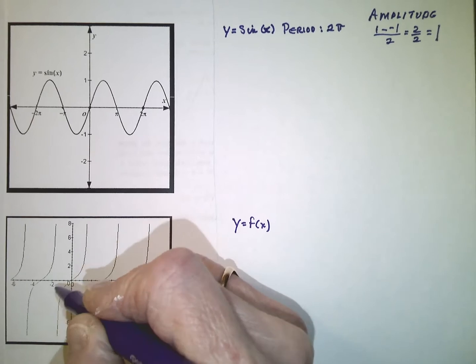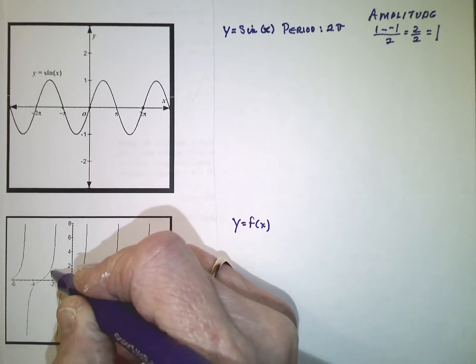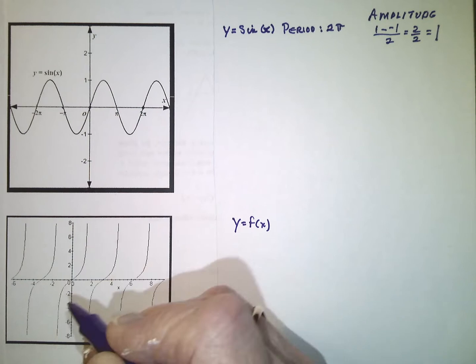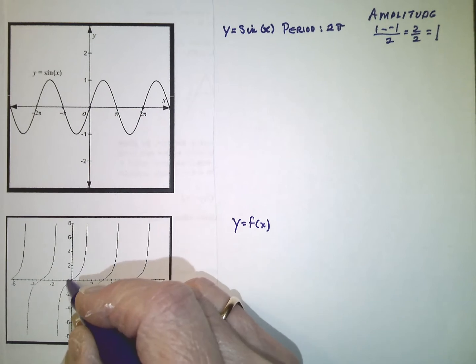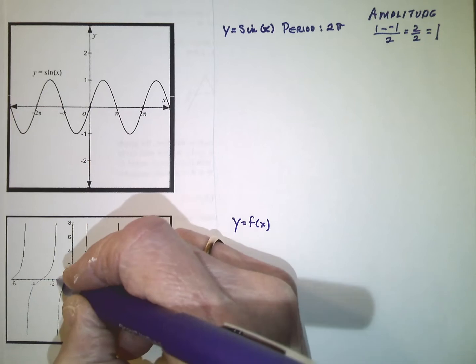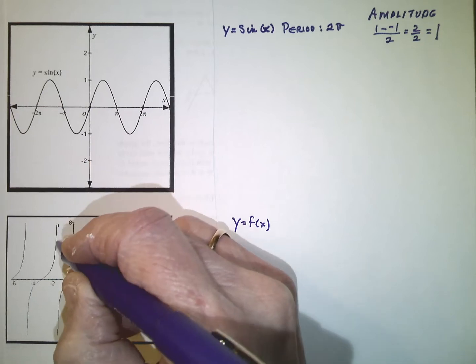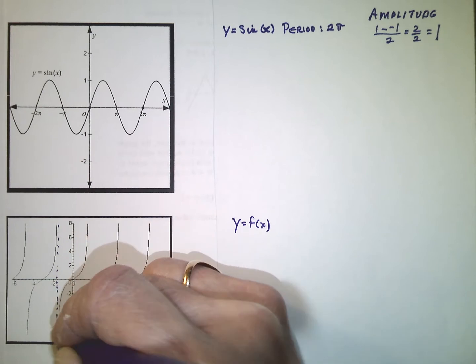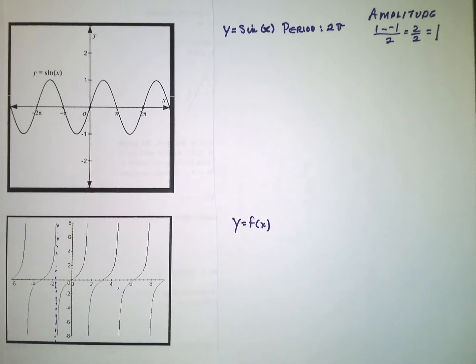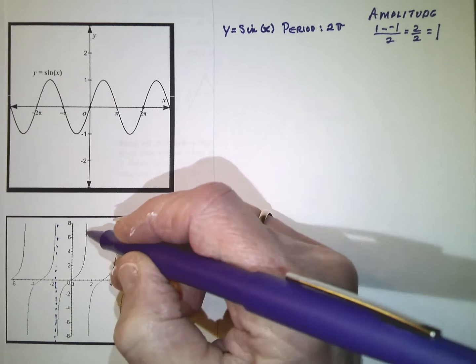So the vertical asymptote isn't at -2 here, because if it did go up and hit this, and vertical asymptotes don't cross the graph. It looks like it's at maybe -1.5. So I'm going to call the vertical asymptote there at -1.5.